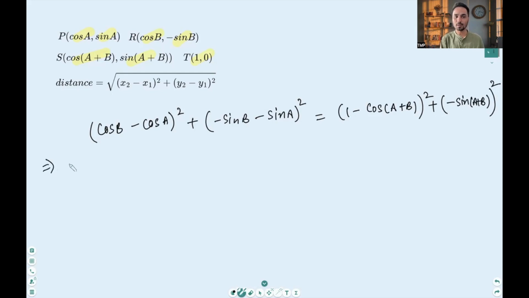So if we simplify the left hand side further, we'll get cos square B plus cos square A minus 2 cos A cos B.